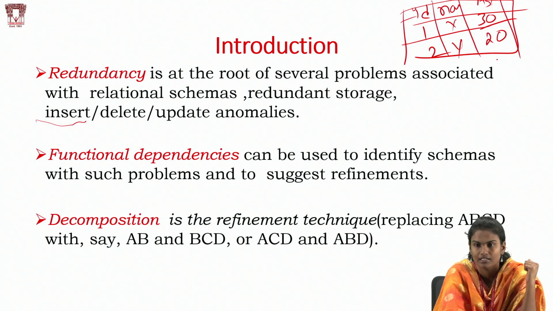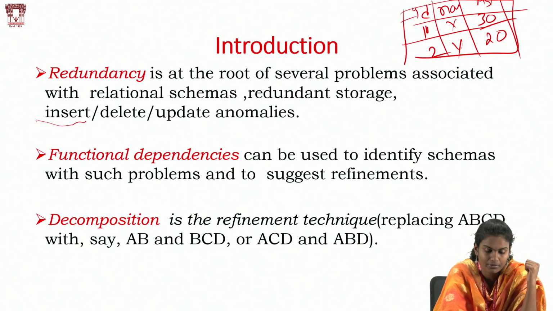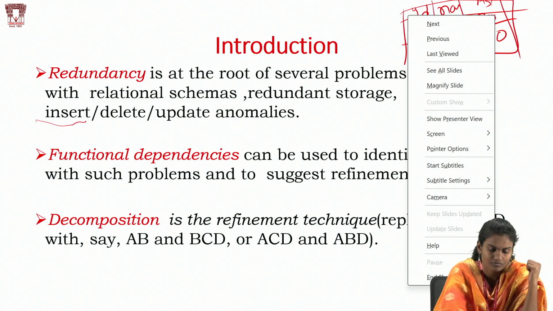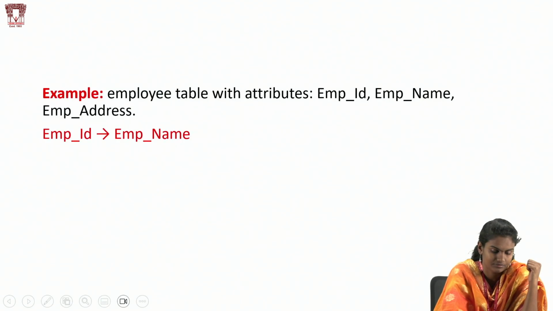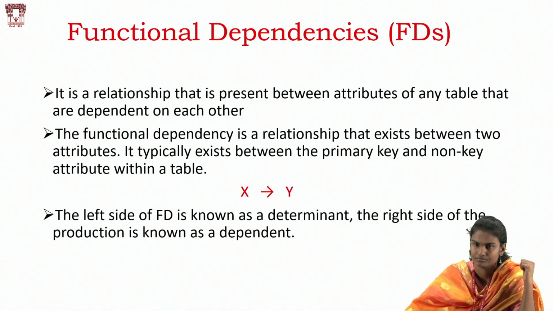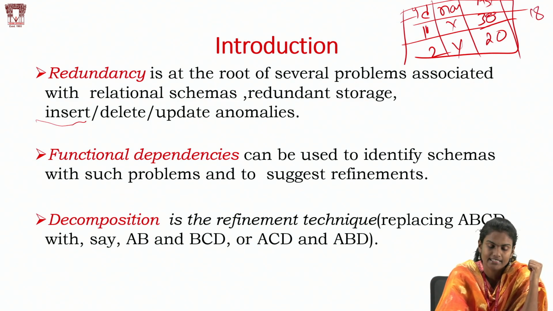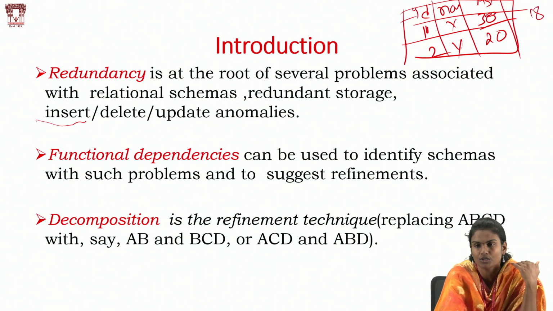In this table, for example, I want to update the age for student ID 1, which was mistakenly entered as 30. I want to change it to 18. In this case, if I do any operations, it works well because there is no duplication of data.